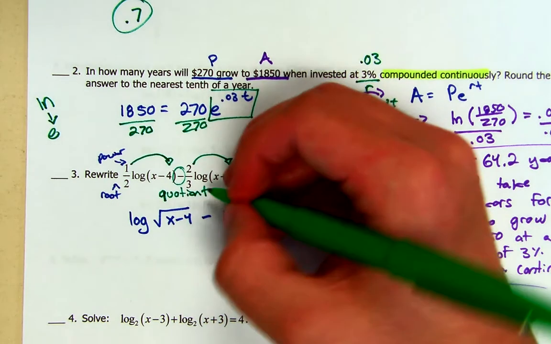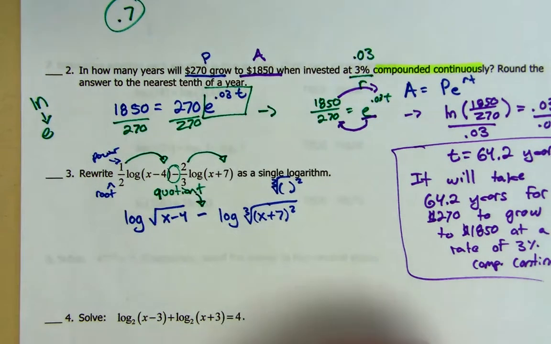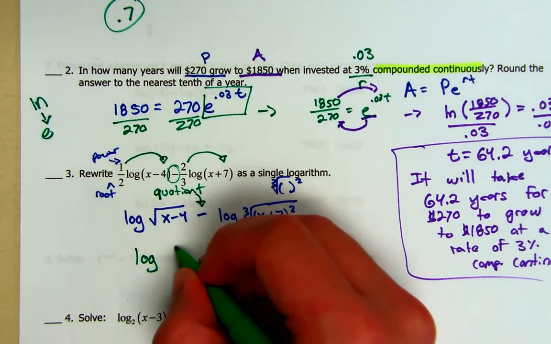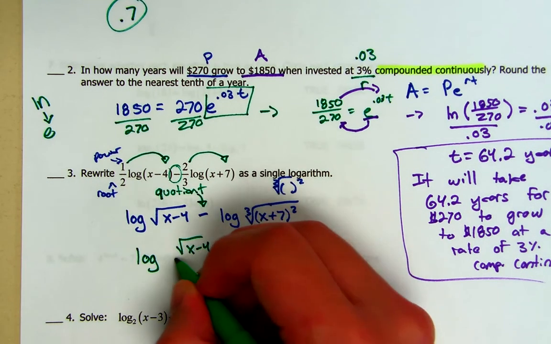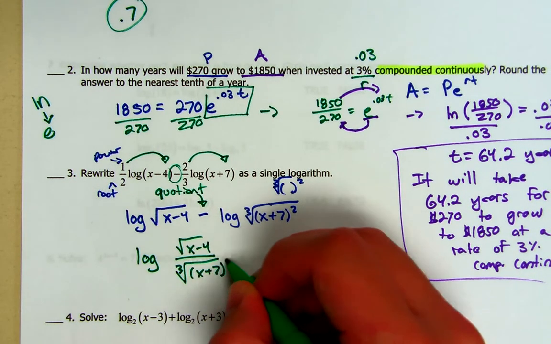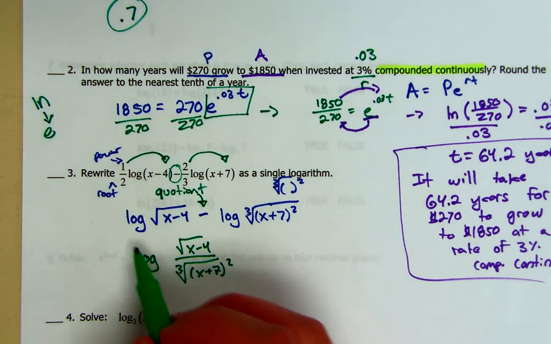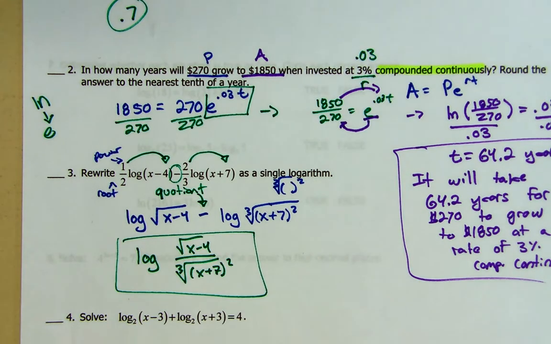And then again, I still have that quotient here, which means that I need to make this division, so I need log of the square root of x minus 4 divided by the cube root of x plus 7 squared. And that is your final answer there. I've condensed it, or rewritten it, as one logarithm.